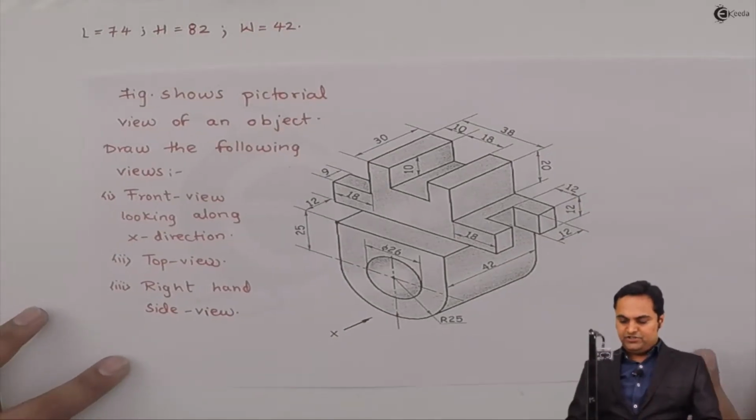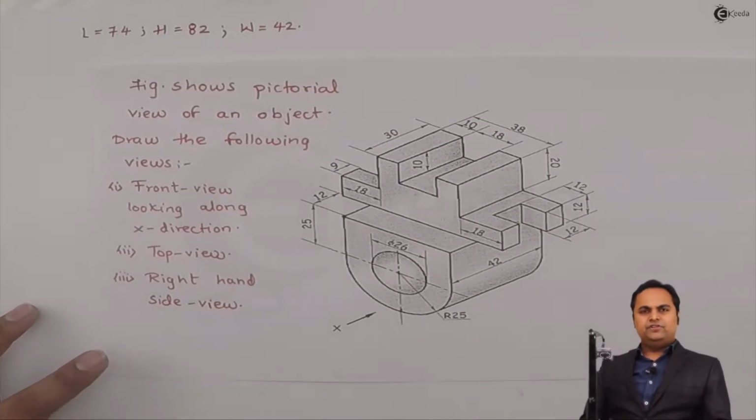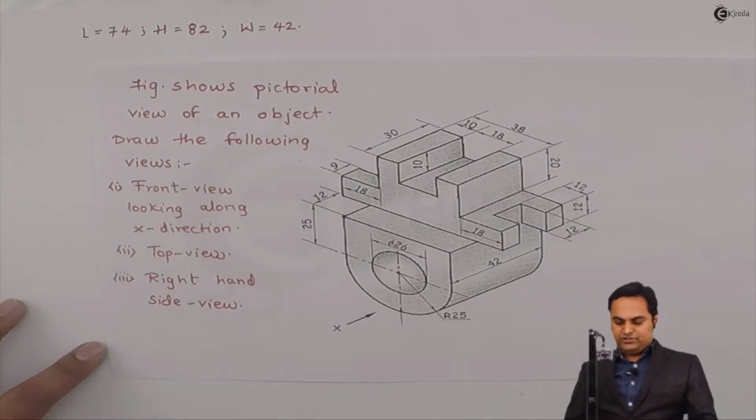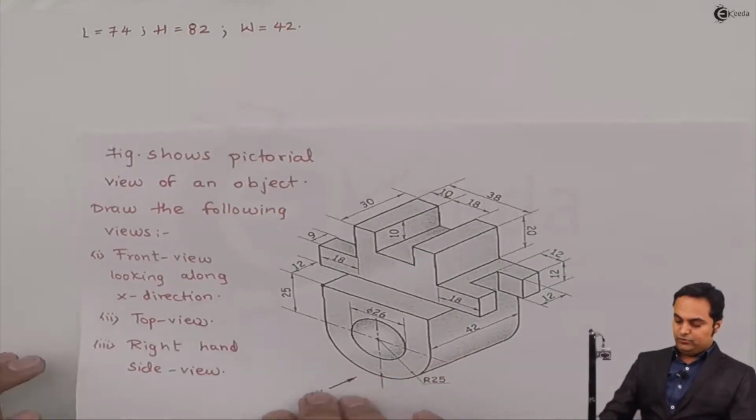Since the method is not mentioned, either first angle or third angle method of projection, here I'll be using the first angle method of projection, and for that I'll explain how to draw it.